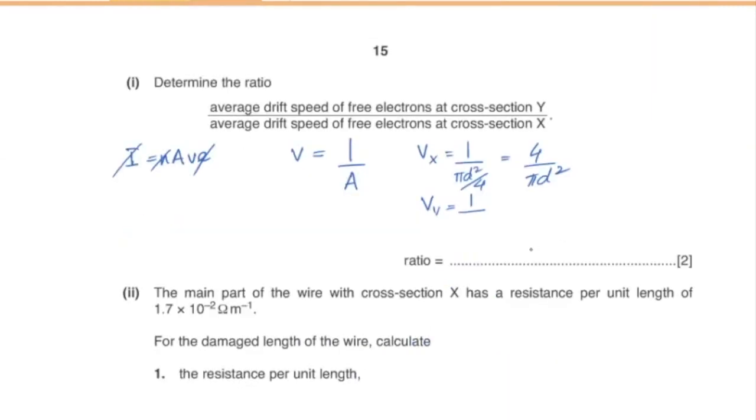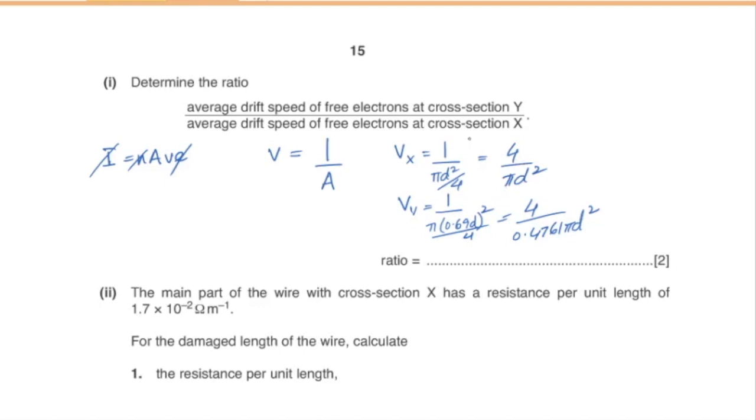So 1 divided by that becomes 4 divided by 0.4761 pi d squared. Now when you divide the average drift speed at cross-section Y by the average drift speed of free electrons at cross-section X, this becomes 4 divided by 0.4761 pi d squared, multiplied by pi d squared by 4. So 4 and 4 get cancelled, pi d squared, pi d squared. So 1 over 0.4761 will give you a ratio of 2.1.